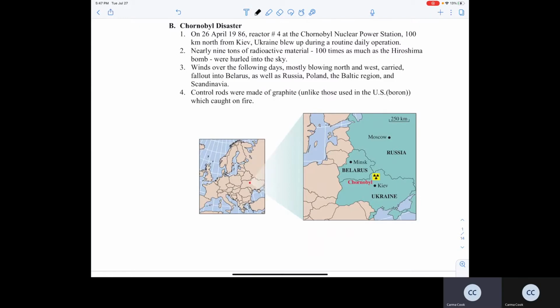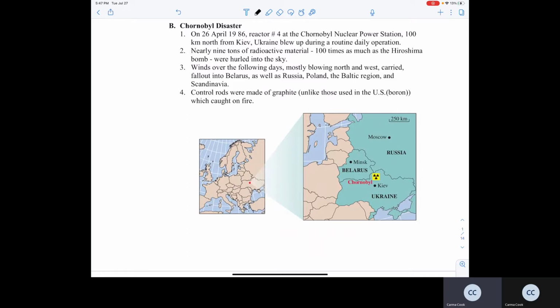Another risk of nuclear power plants is accidents. And there have been quite a few nuclear power plant accidents over the past 50 to 70 years of their existence. In 1986, the Chernobyl disaster in Kiev, Ukraine, was one of the worst nuclear accidents in history.